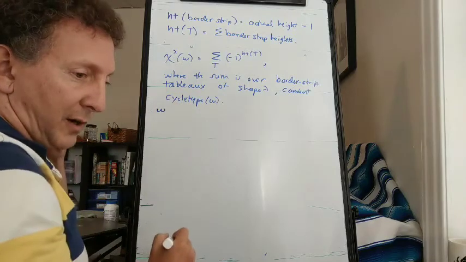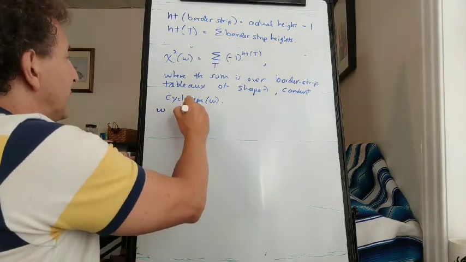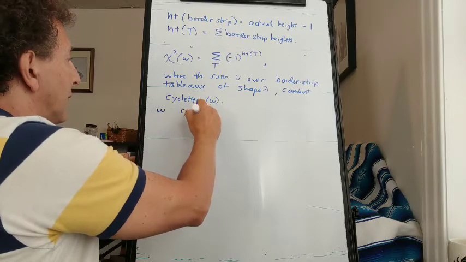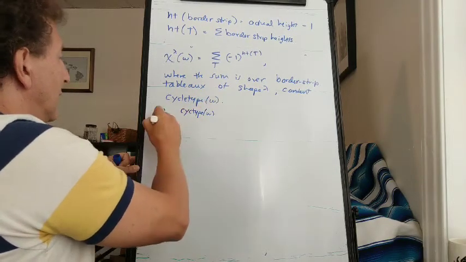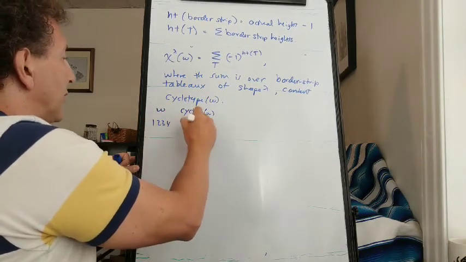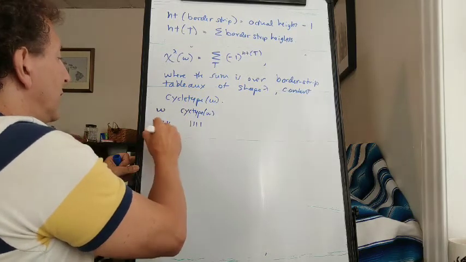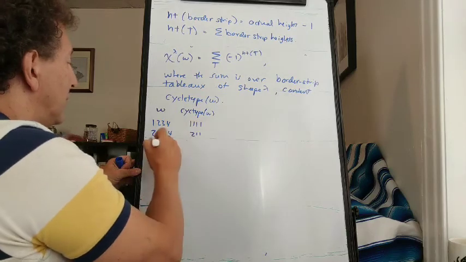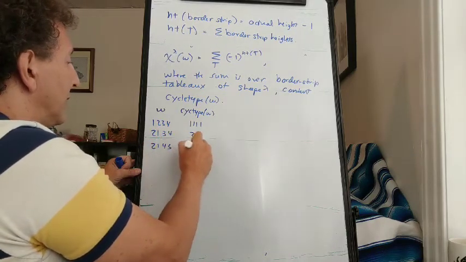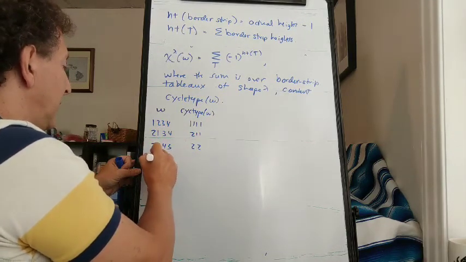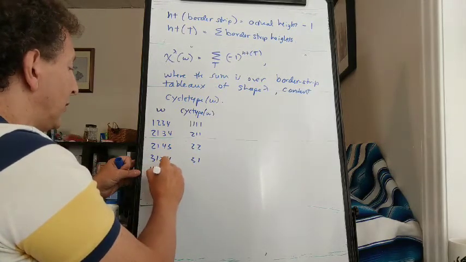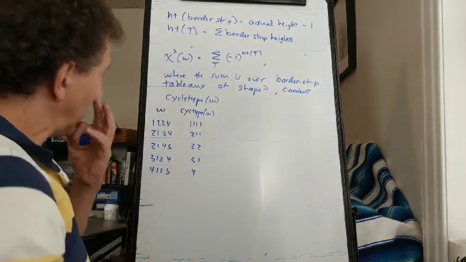All right, let's make our list of permutations. So 1, 2, 3, 4 has cycle type 1, 1, 1, 1. 2, 1, 3, 4 has cycle type 2, 1, 1. 2, 1, 4, 3 has cycle type 2, 2. 3, 1, 2, 4 has cycle type 3, 1. And 4, 1, 2, 3 has cycle type 4.